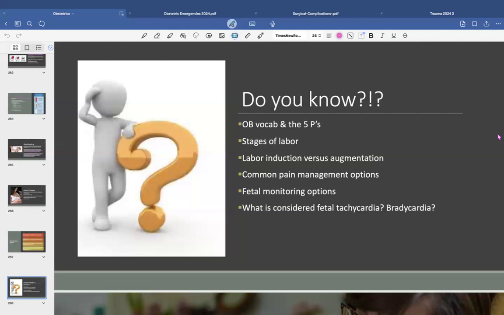In your resources, I did put a few other examples, but I'm going to put the website in Blackboard so that you can practice with those. When we come back on Thursday, we're going to do labor complications.